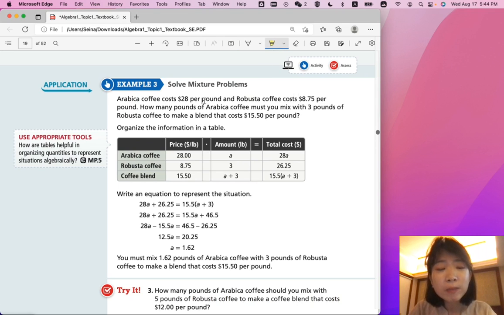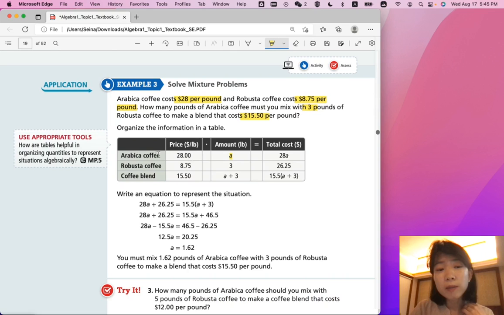You want to identify the important information. Arabica coffee costs $28 per pound. Robusta coffee costs $8.75 per pound. And you want to know how many pounds of Arabica coffee you need to mix, which is your variable, with 3 pounds of Robusta coffee to make a blend that costs $15.5 per pound.